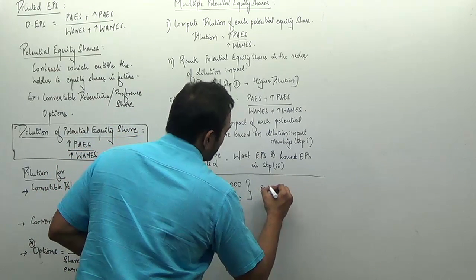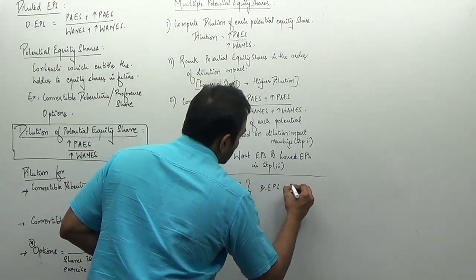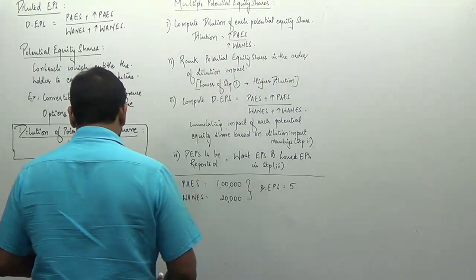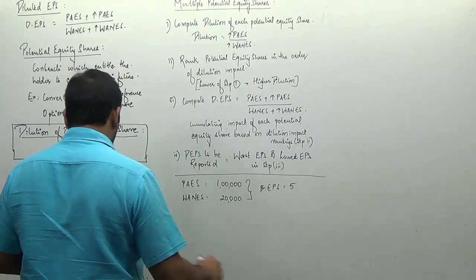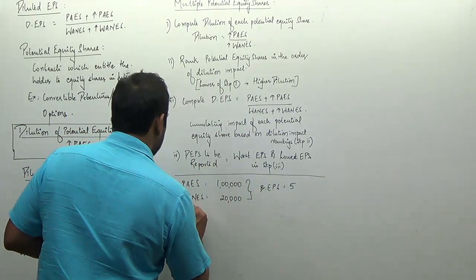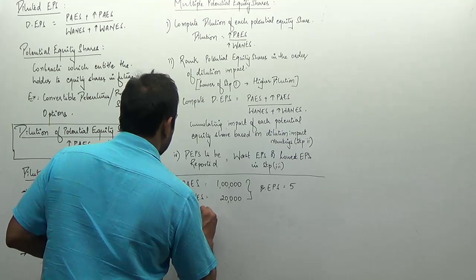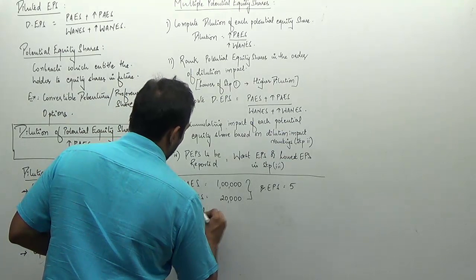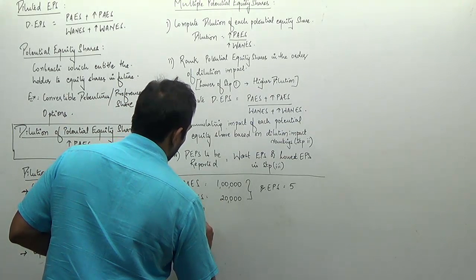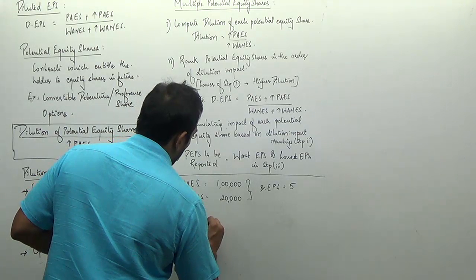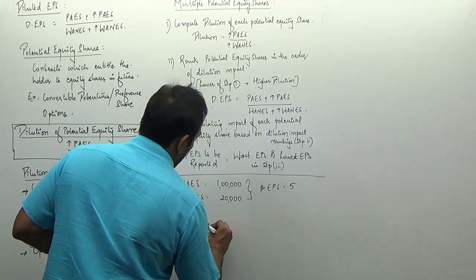Using these two, I can calculate my basic EPS, and I'll say that this basic EPS is 5. Along with that, I'm also giving you potential equity shares details.